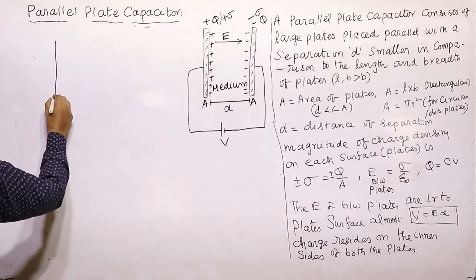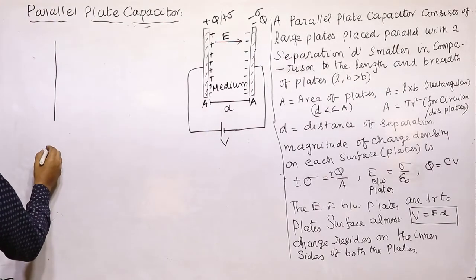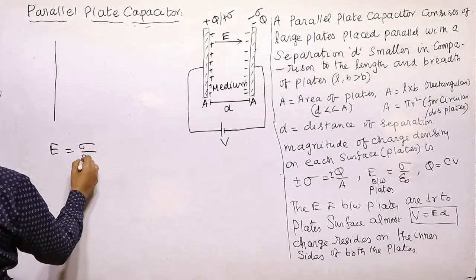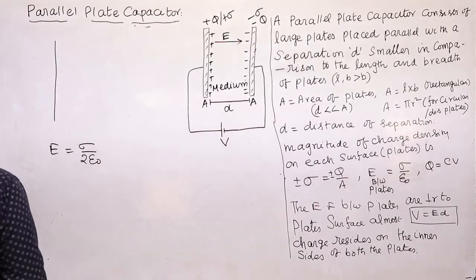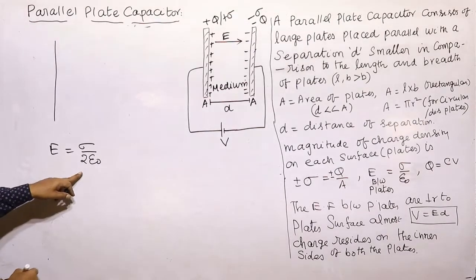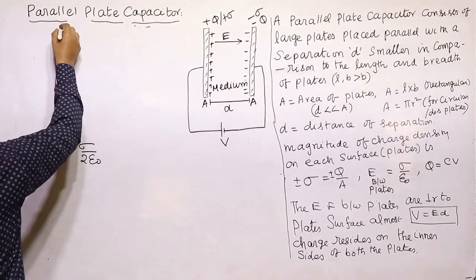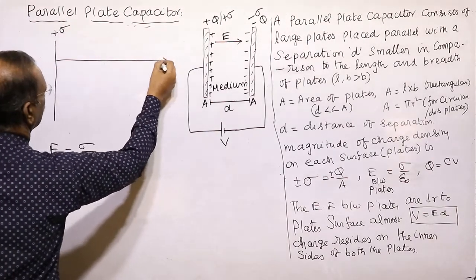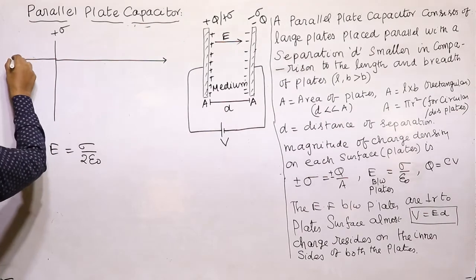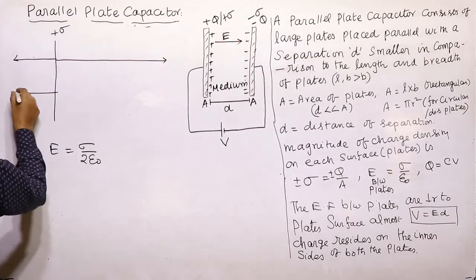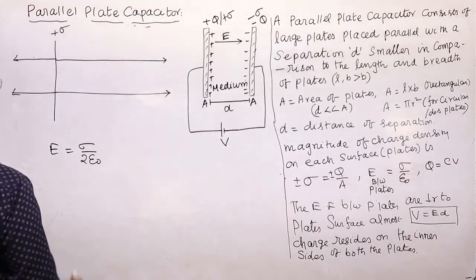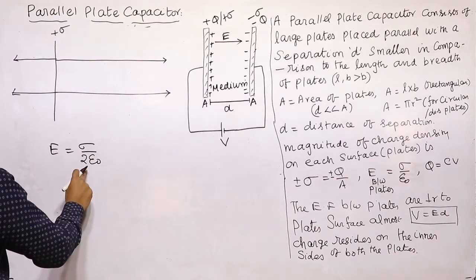This is a plane sheet, and the electric field due to a plane sheet is equal to sigma by 2 epsilon naught. Already we have derived this. This is the magnitude of the electric field. If it is positive charge, it will go outward, with a magnitude of sigma by 2 epsilon naught.